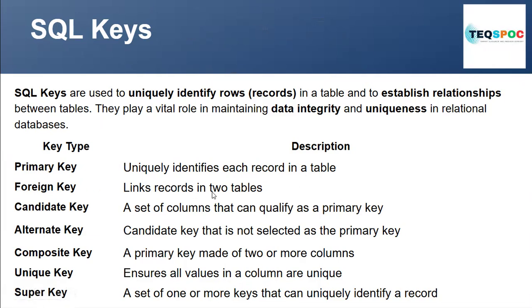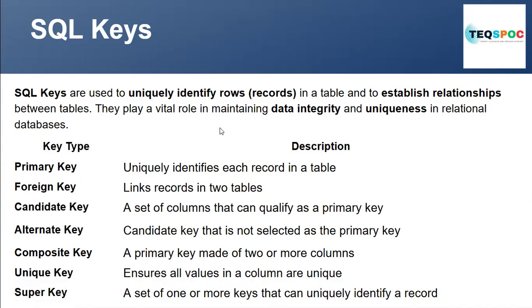A foreign key is used for linking two tables. A candidate key is a set of columns that can qualify as a primary key. All such keys which are not the primary key are alternate keys, and a composite key is the combination of two or more columns. A unique key ensures all the values of the column are unique, and a super key is a set of one or more keys that can uniquely identify a record.